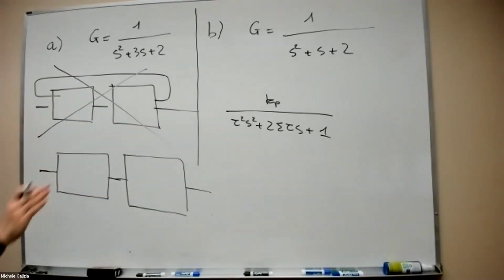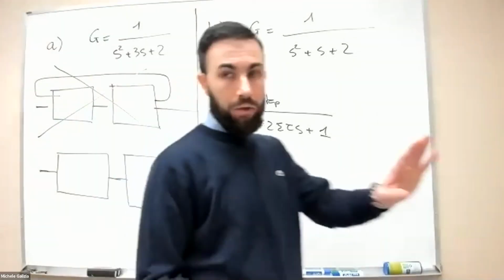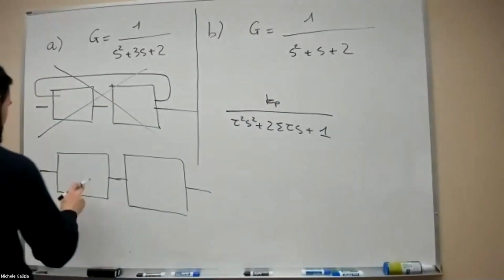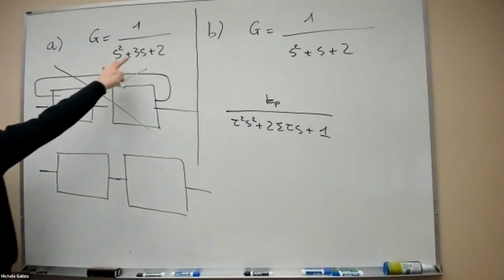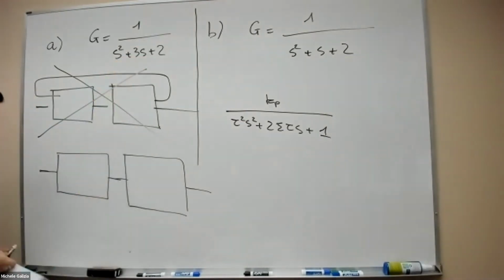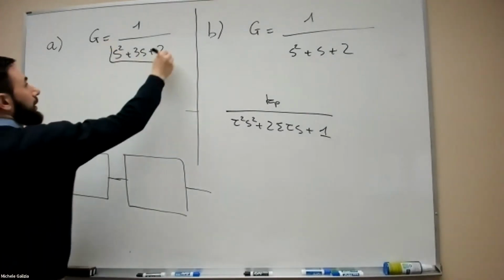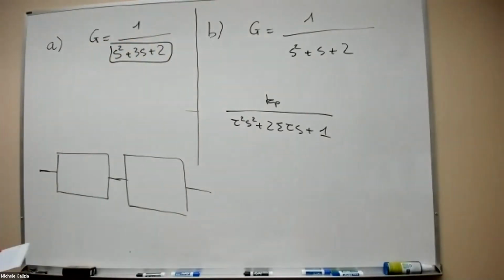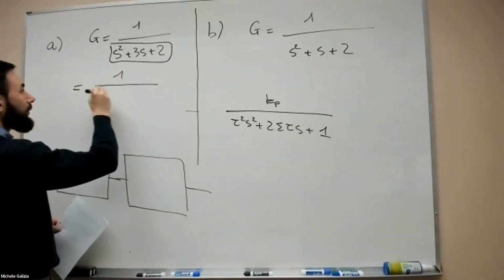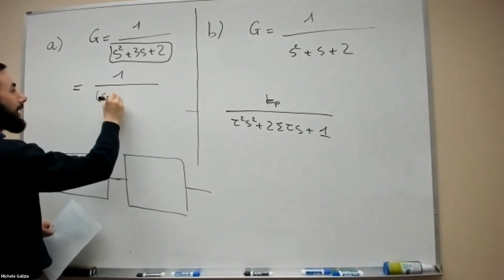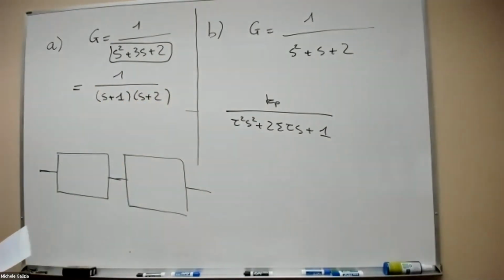There is no recycle. So let's write the block diagram. To write the block diagram, we have to find the poles. The poles of this denominator are -1 and -2. So I can write this transfer function as 1 divided by s plus 1 times s plus 2.